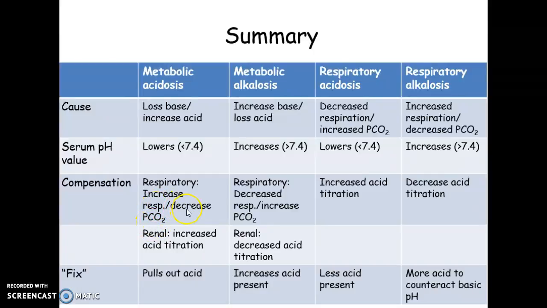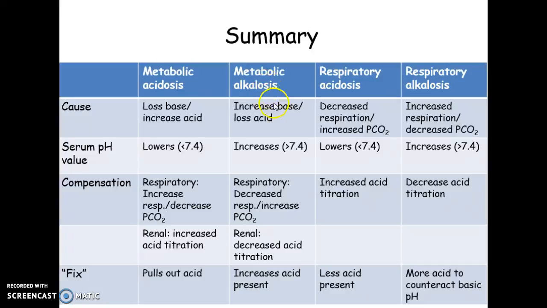So increase respiration, you blow off CO2, try to get rid of that acid. The renal system is going to increase the acid titration, right? Dumping acid, dumping your hydrogen. And then the fix, all right? There's some metabolic issue going on. In order to correct it, you have to find out the problem and fix it.